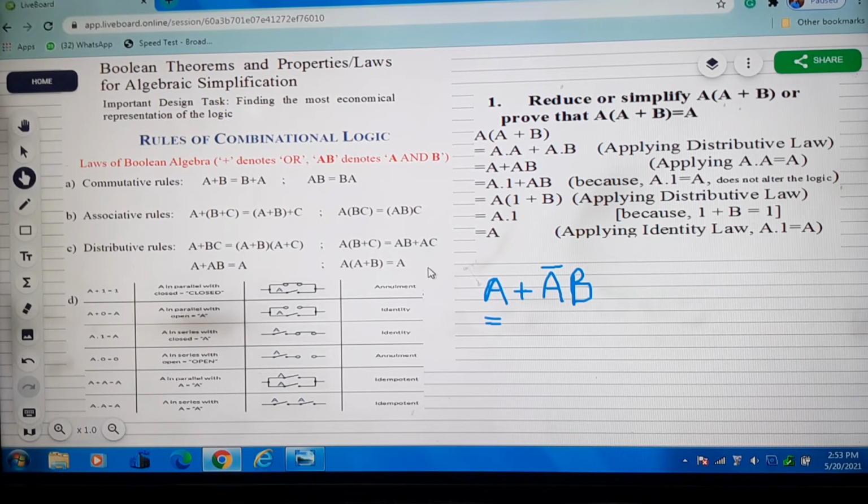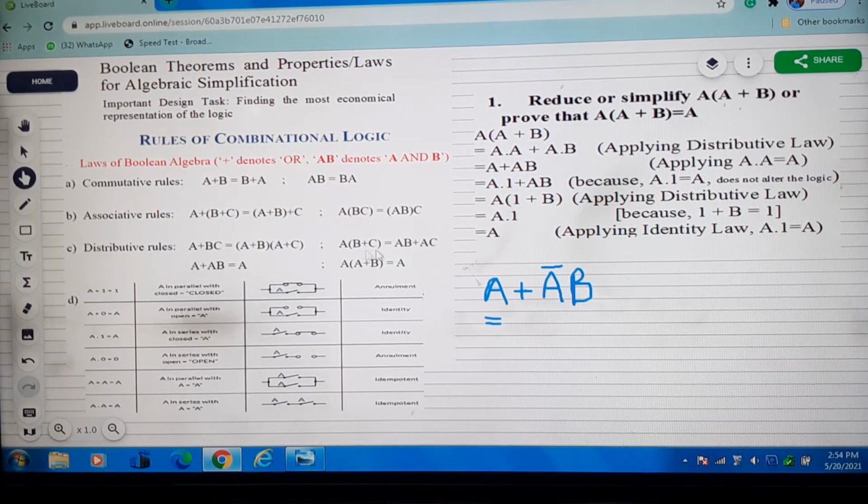Next is distributive law. This law permits the multiplying or factoring out of an expression. Here A plus BC is equal to product of A plus B and A plus C. Here we can see that A dot B plus C is equal to AB plus AC.